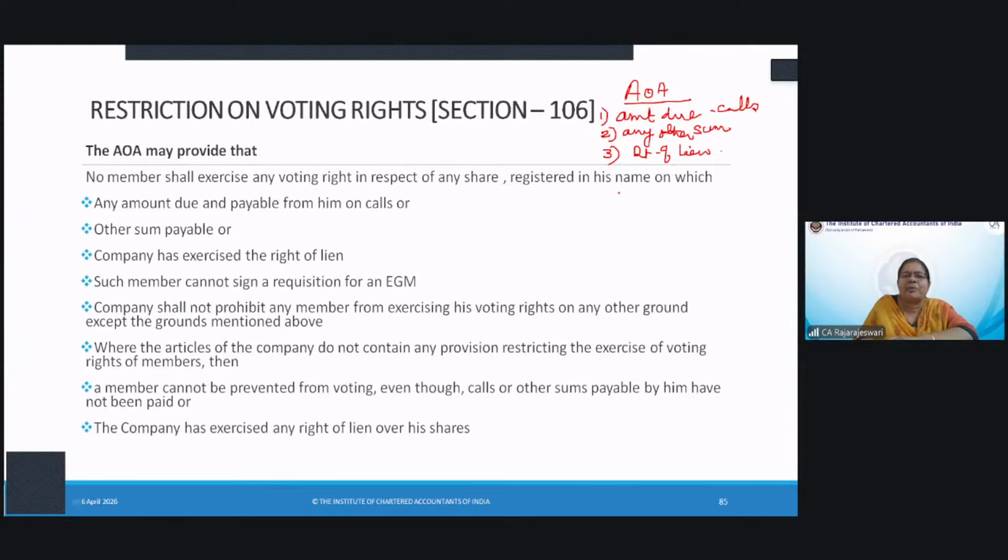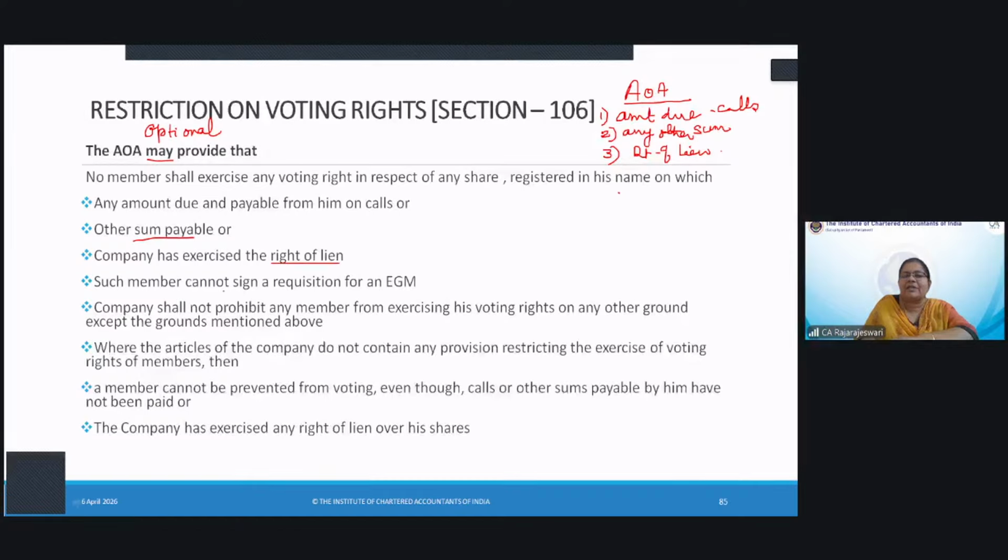The articles may provide. See, "may provide" is optional. It is not compulsory. The articles of association may provide that no member shall exercise any voting right in respect of any share registered in his name on which any amount is due and payable from him on calls or other sum payable, or the company has exercised the right of lien.